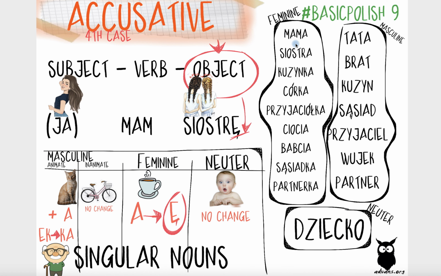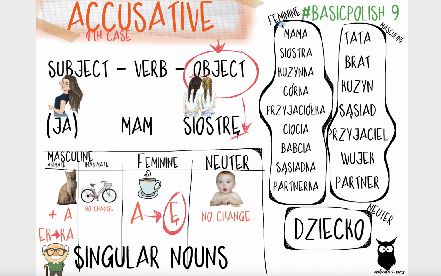I've got a mum, mam, right? And make that change from a to ę, mamę, right? So mam mamę, I've got a mum, mam mamę. Okay, so mama, nominative, no change, first case, mama.